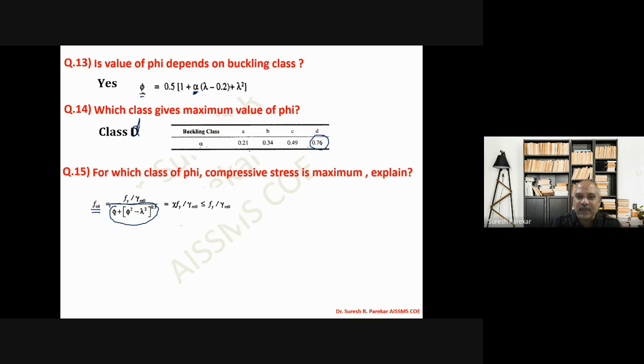For class A we have the maximum value because alpha is minimum for class A, and therefore phi is minimum for class A, and as it is in the denominator, FCD will be maximum because my denominator is minimum for class A.